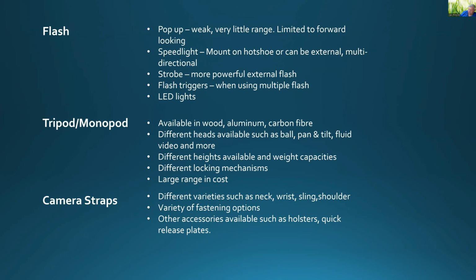Tripods are available in different heights and different weight capacities. So if you're buying a tripod, it's good to know what the weight capacity of a tripod is going to be. If you're going on Amazon and buying a cheap one that might hold 3 kilograms, there's a chance that if you've got a zoom lens on your camera, it might drop that camera.